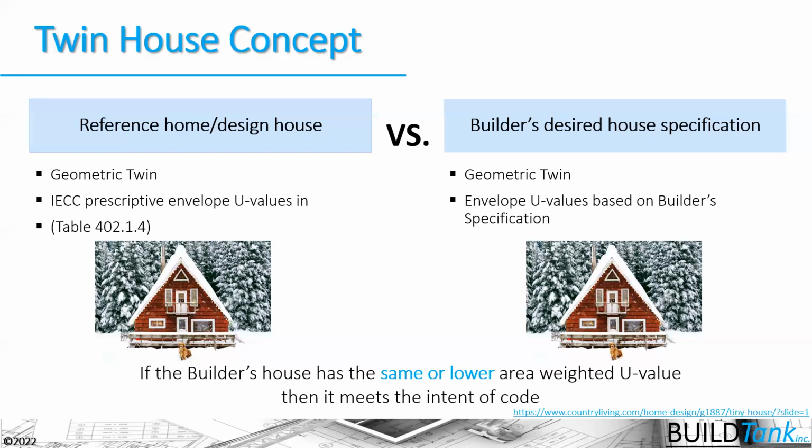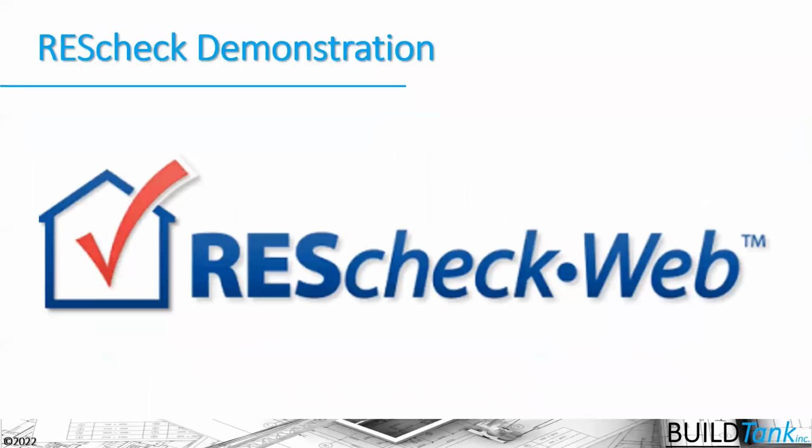And therefore, if the builder's house has the same or lower area weighted U value, it meets the intent of the code. And that's ultimately what the UA trade-off compliance path in the prescriptive section of the code is helping us do. So the reality is that you have to jump over to the ResCheck software in order to utilize that compliance option. There are other software that do it as well.